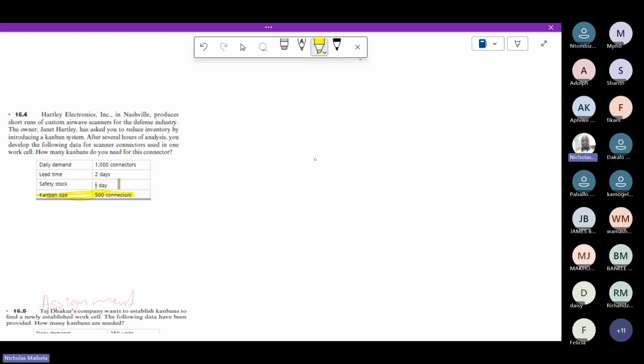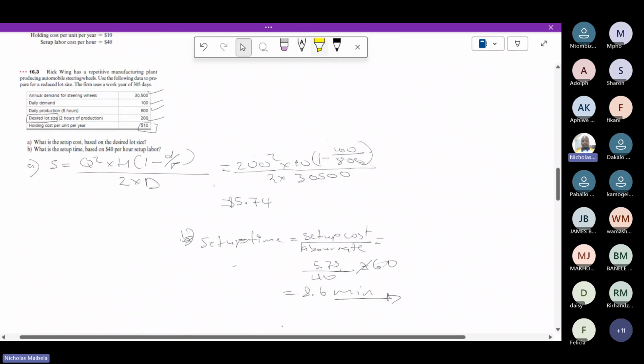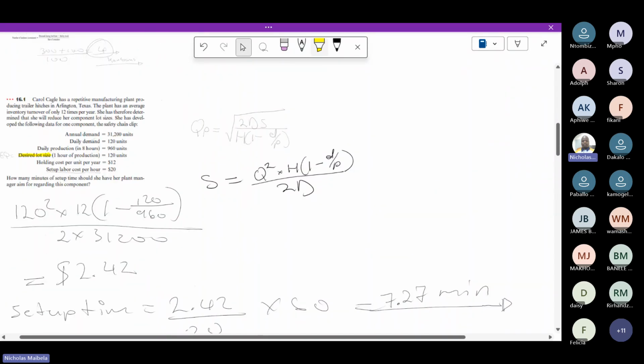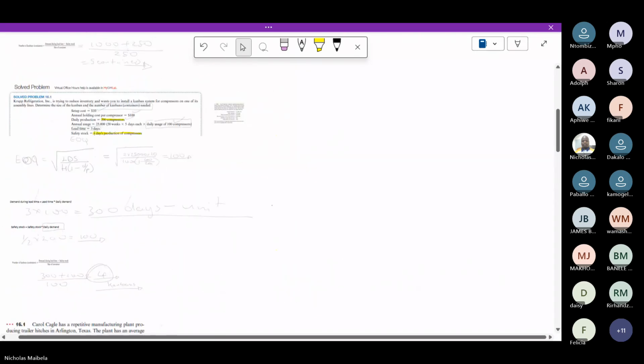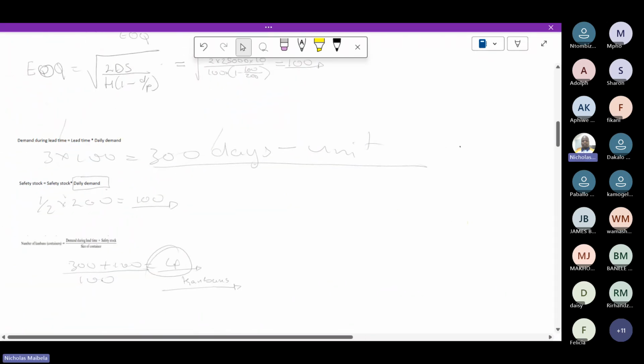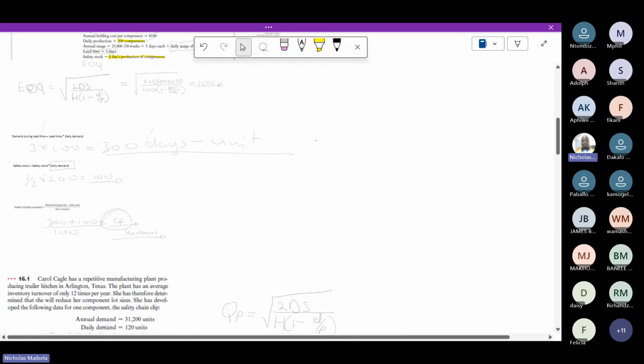Therefore, you start with that part, your lead time. What is that value? What are they calculating? I'm forgetting it: demand during lead time, safety stock, and number of Kanbans. All right.